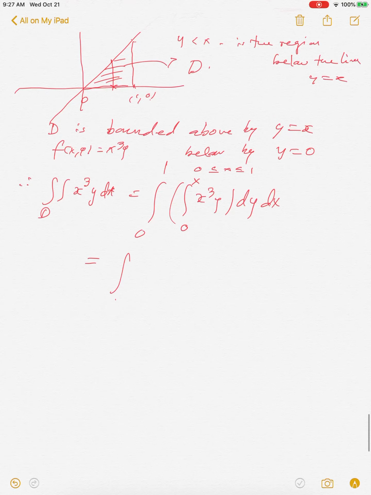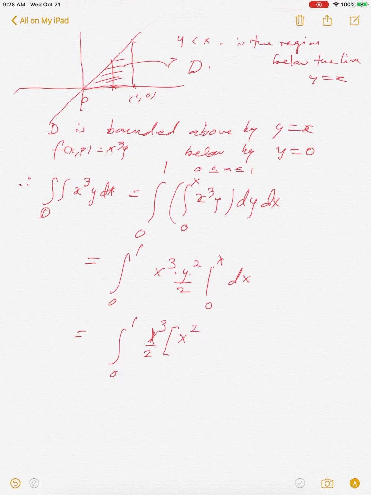And that's going to give you the integral of x cubed y with respect to y. x cubed is a constant, the integral of y is y squared by 2 between 0 to x, and then you integrate with respect to x. So this will be integral 0 to 1, 1/2, x cubed I take out.